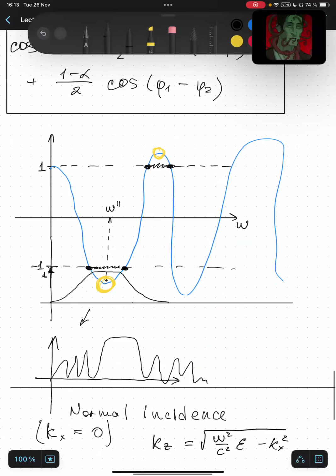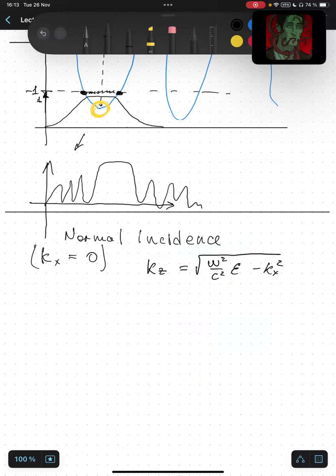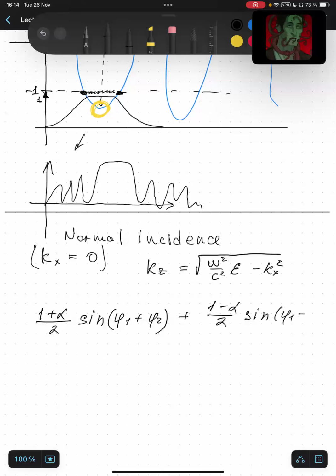So in order to find the positions, you just need to take the derivative, and you will obtain sine v1 plus v2 plus 1 minus alpha over 2 sine v1 minus v2 equal to 0.